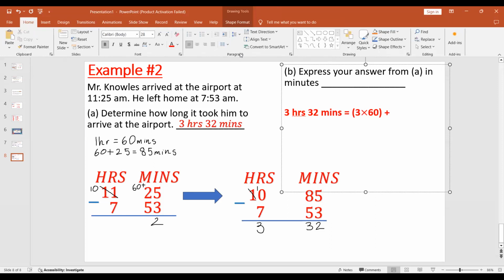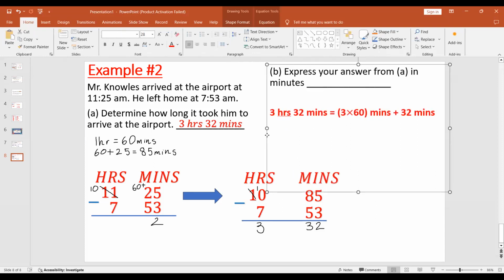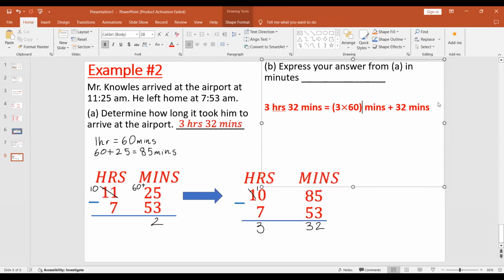Good. Okay, so this is minutes, and this is minutes. So what is 3 times 60? 90. Good. So it's going to be 90 minutes.